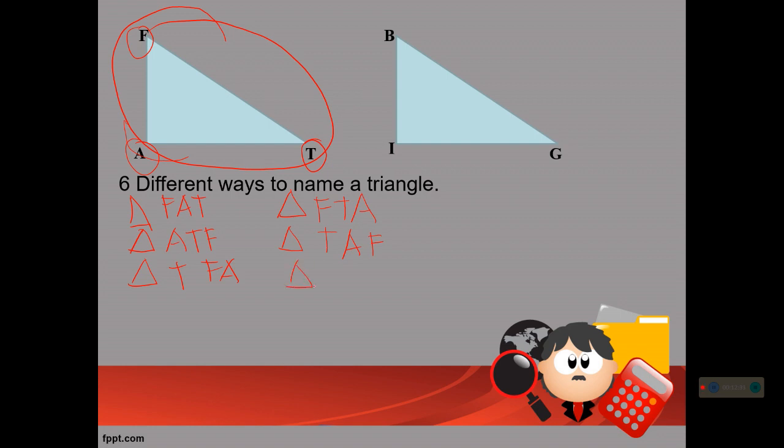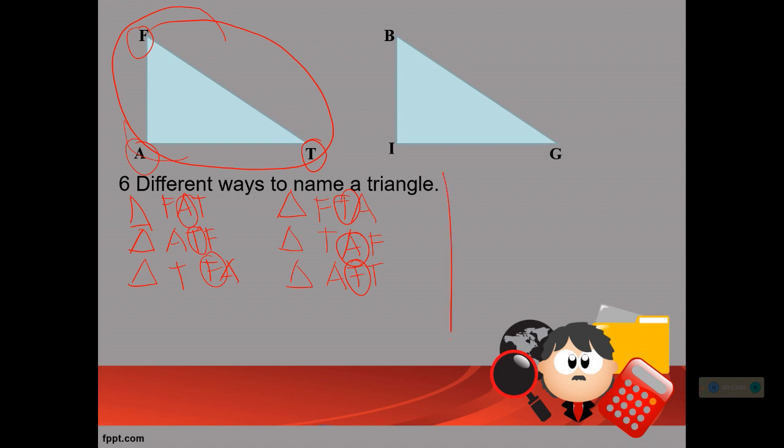And you may also have here triangle AFT. Okay? So, at least that you already have your vertices. Okay? So, you have 3 different vertices on our triangles.